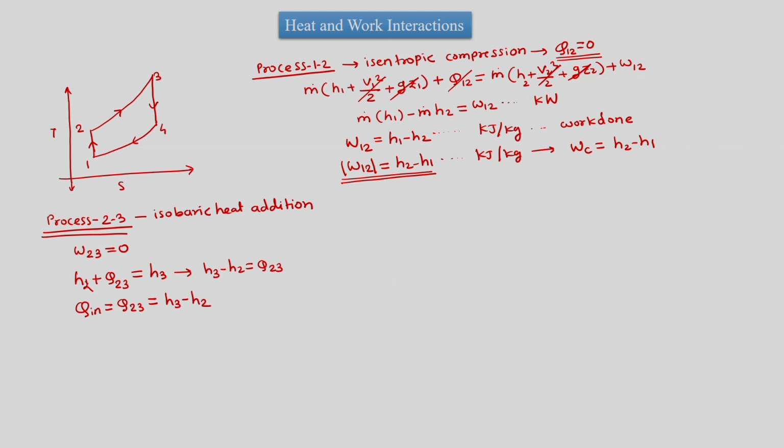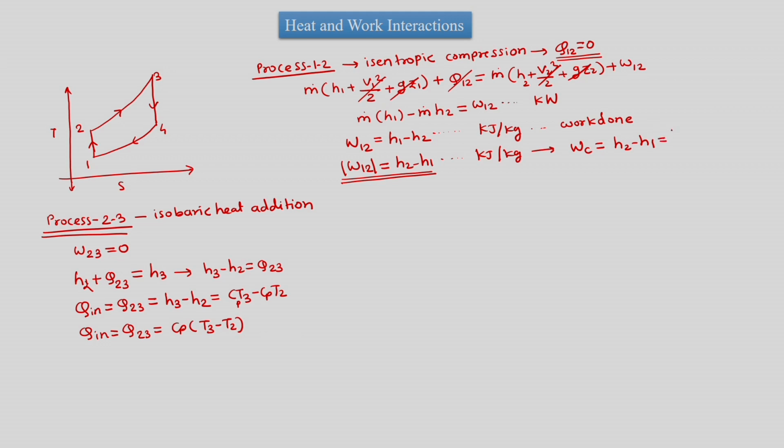So the heat input in the isobaric process 2 to 3 is h3 minus h2. Further, we are considering it as an ideal gas, so we can use one more formula where enthalpy is Cp into T. So Cp into T3 minus Cp into T2. We are considering specific heats as constants. So Qin is equal to q23 is equal to Cp into (T3 minus T2).